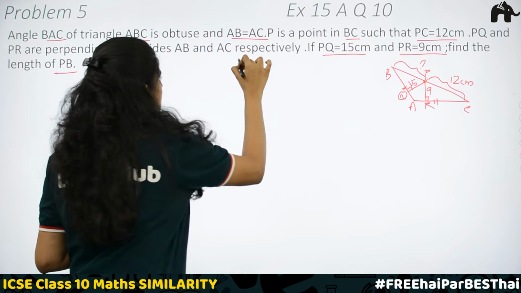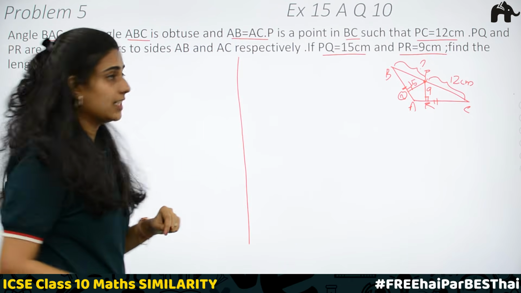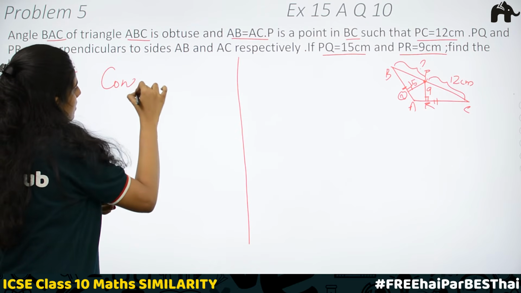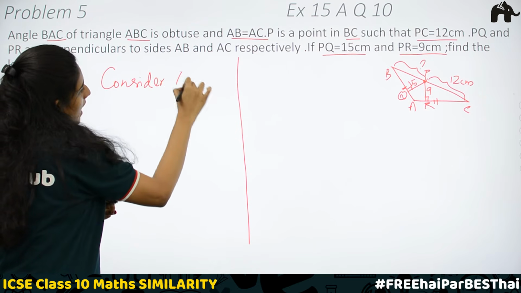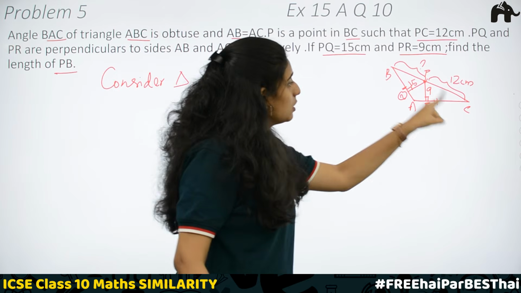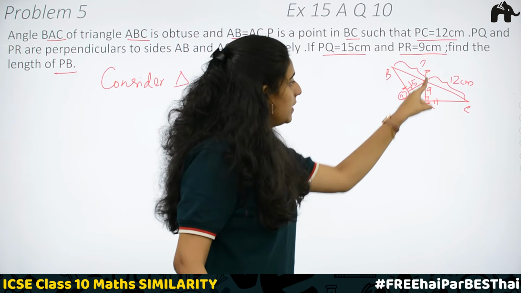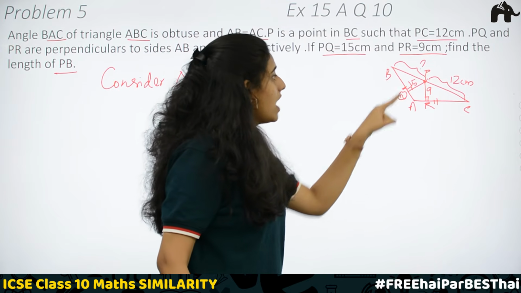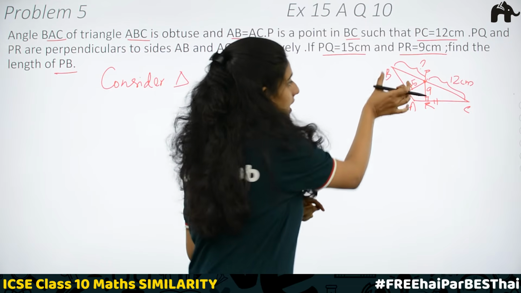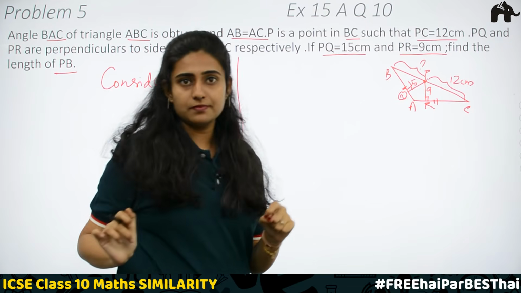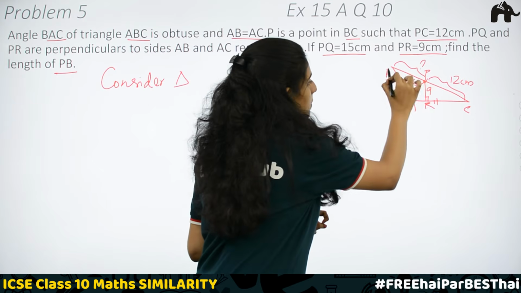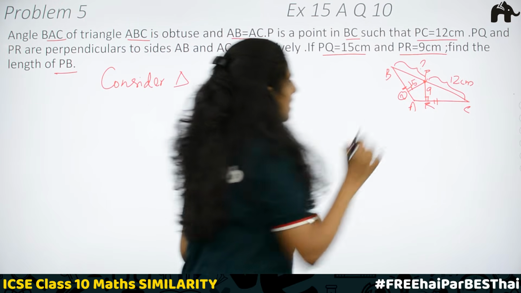Okay. Let us consider the required two triangles. We have PC given, PR, PQ, and we need to find PB. For that, we can consider these two triangles, triangle PBQ and triangle PCR.